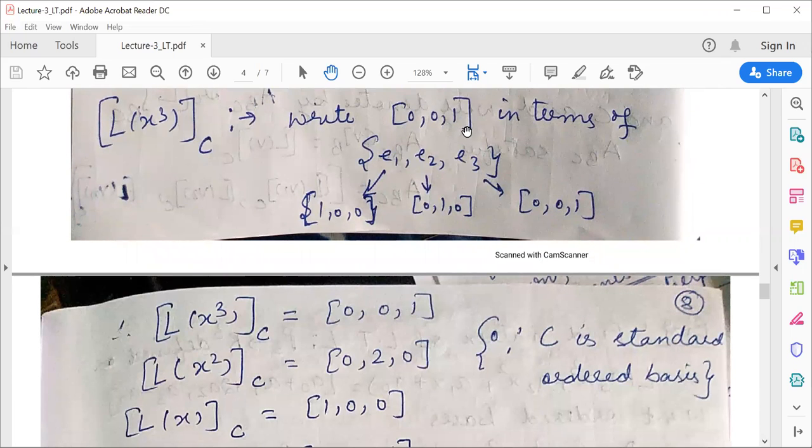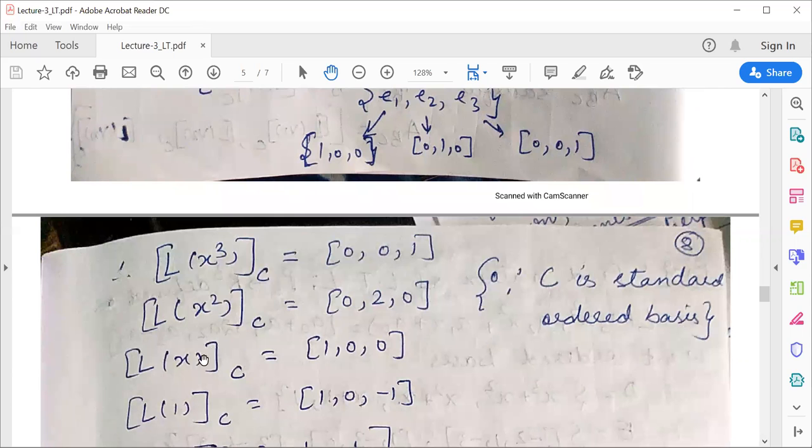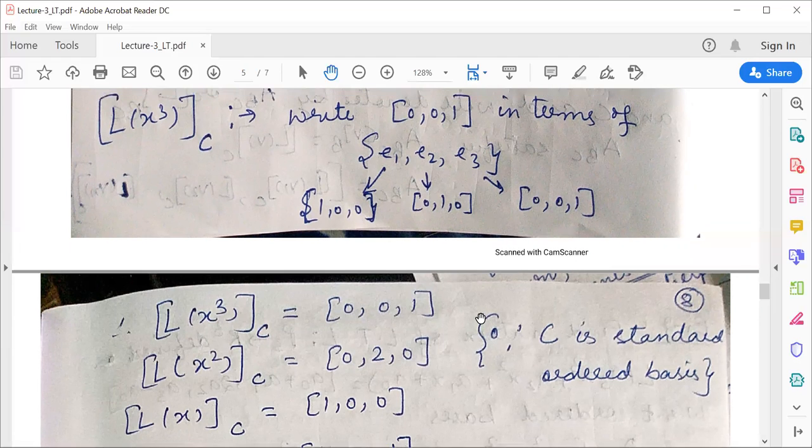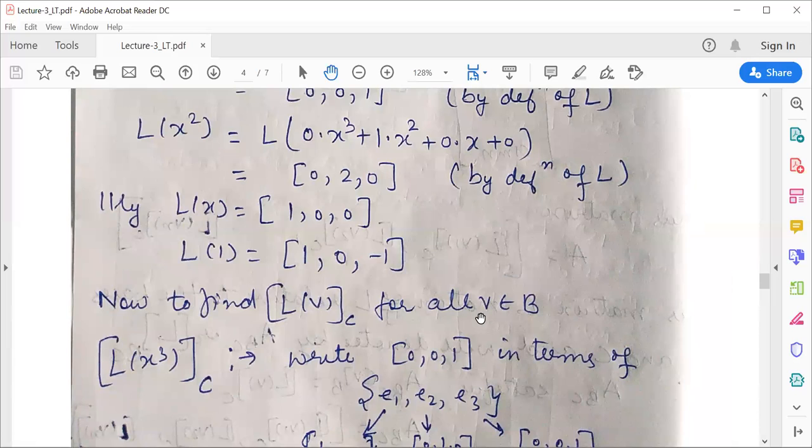So writing 0, 0, 1 as a linear combination of these will be equal to 0, 0, 1 only. Similarly for x square, x and 1. If you observe, these come out to be the same numbers, the reason being that it is the standard ordered basis, because it is basically 1, 0, 0, 0, 1, 0, 0, 0, 1. That's why it comes out to be the same numbers.